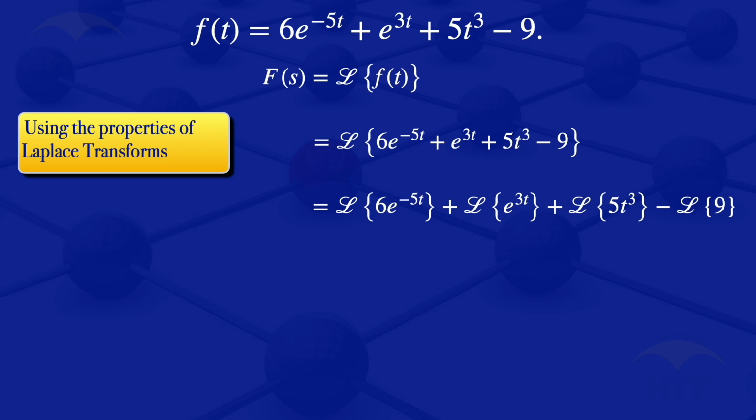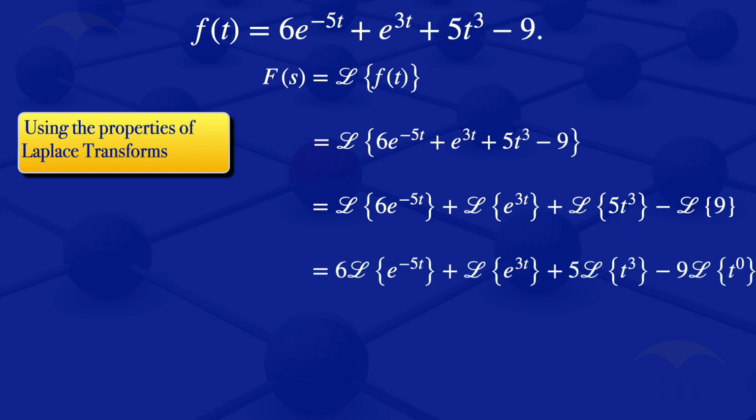But we can use another property of Laplace transforms where we factor out those constants, the 6, the 5 and the 9. And we would have 6 Laplace transform of exponent of minus 5t plus 3 Laplace transform of exponent of 3t plus 5 Laplace transform of t cubed minus 9 times Laplace transform of t to the power 0.